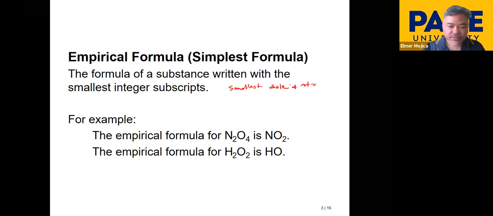So if you have N2O4, the empirical formula for that is NO2. Why? Because you can divide it by 2. If you have H2O2, the empirical formula for that is HO.